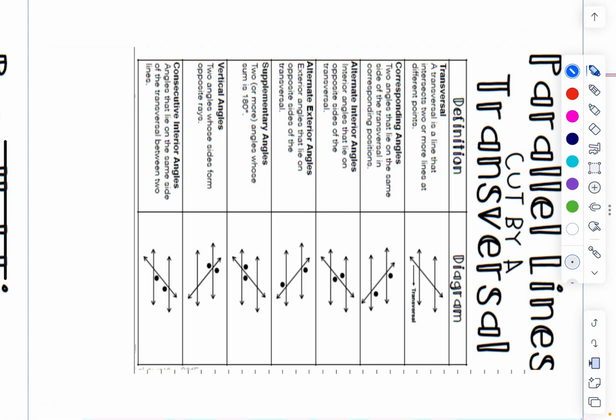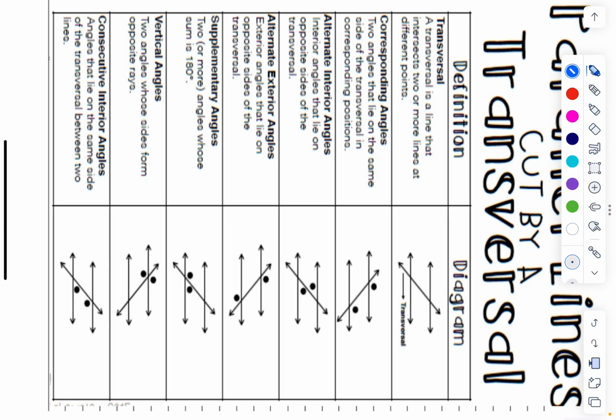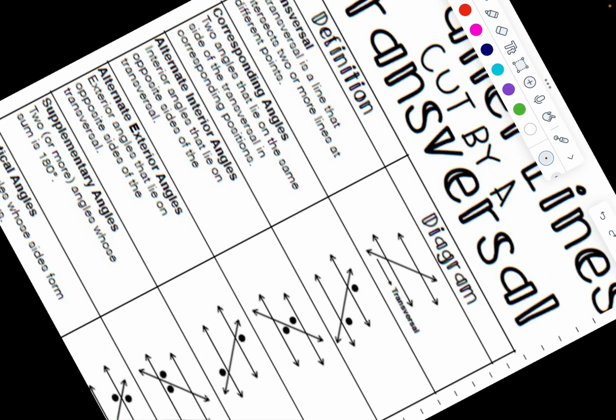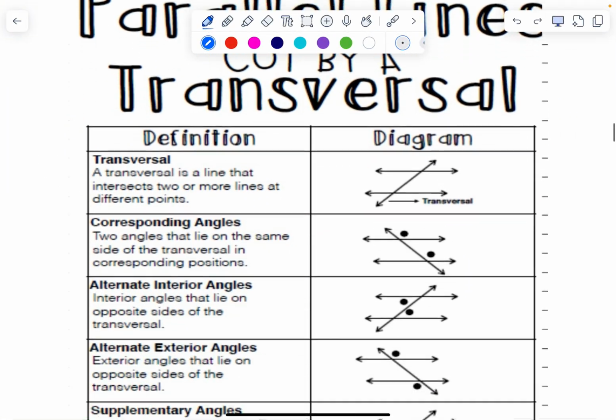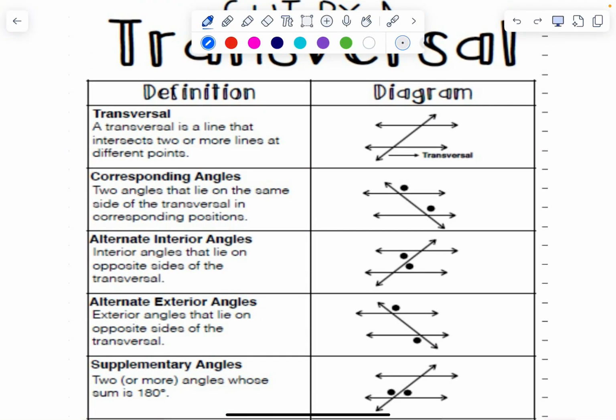Okay? So first of all, you don't have this page, but I'm just going to show you it briefly. Actually, let's do it this way. This line that's cutting across is called the transversal. And it's not that you necessarily need to know or be able to write that word, but I will say it quite a bit. And you need to be able to see it in contrast to the parallel lines.